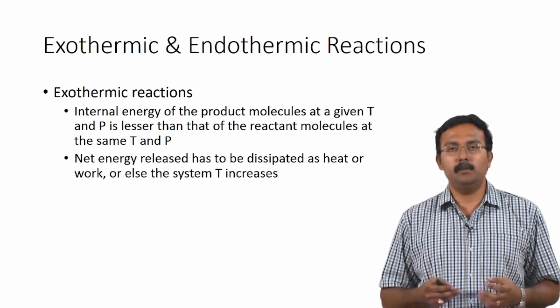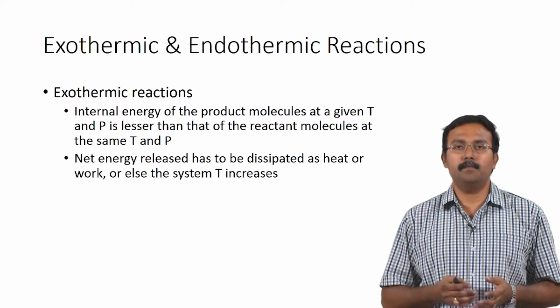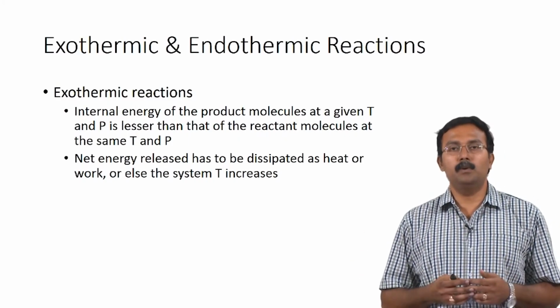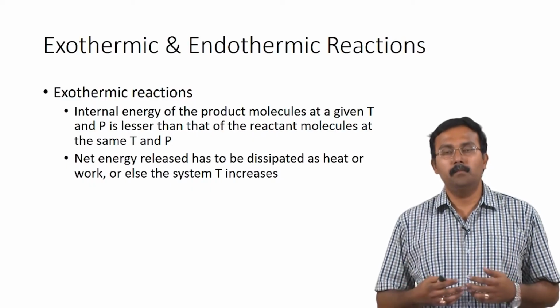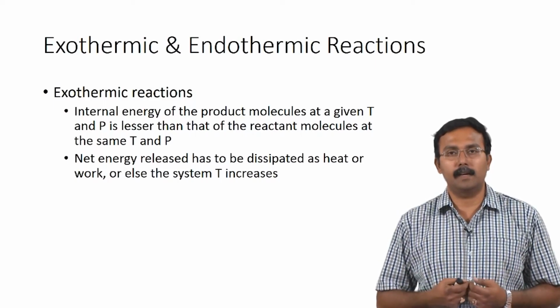So, you need to make sure that there is some way to cool down the system so that the temperature does not increase. If you want an isothermal process, you would have to remove heat by providing some kind of a cooling jacket or something across the reactor.